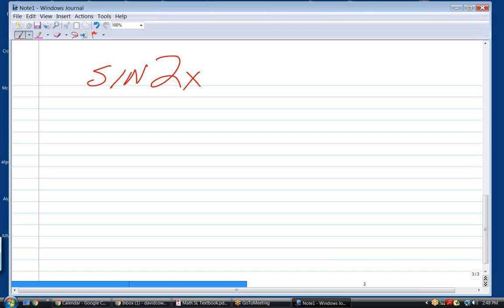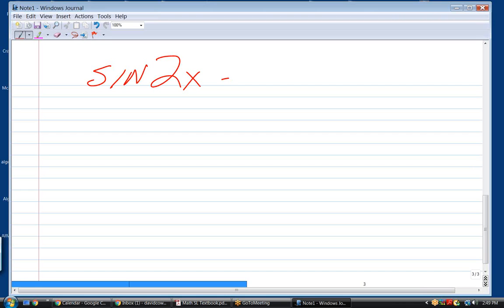No. Power reducing is kind of in a category all of its own. It really is not used until you get to calculus. Once you get to calculus, it's pretty useful.